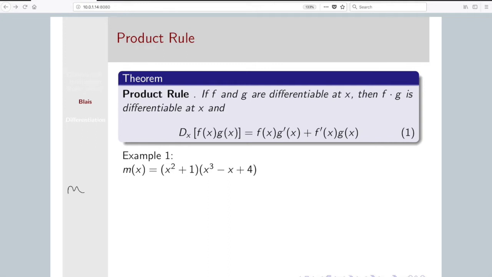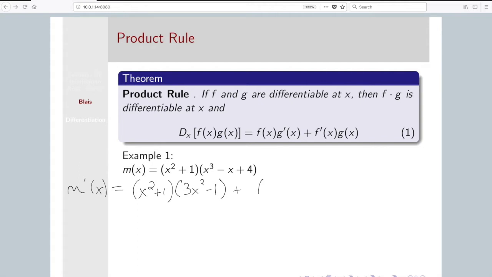So our derivative, m prime of x, will be the first, x squared plus 1, times the derivative of the second. For the second term in parentheses, we go term by term: 3x squared minus 1 plus 0. Then we go plus the second times the derivative of the first.